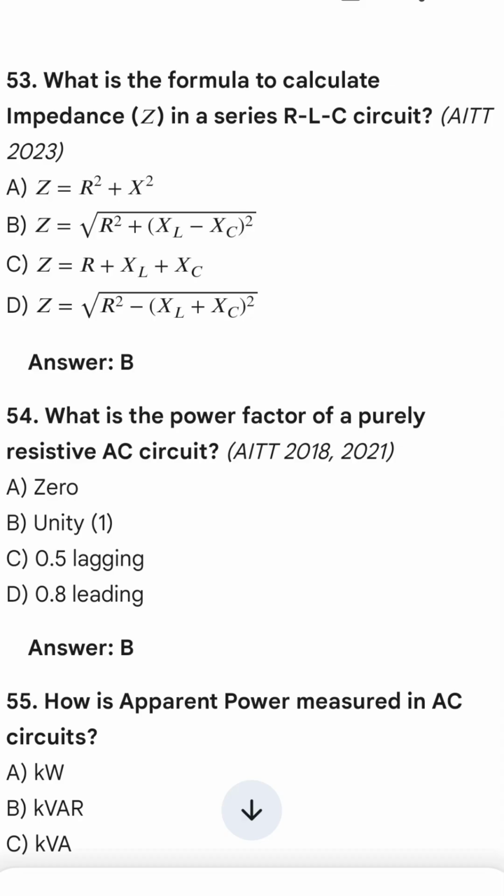Option C, Z is equal to R plus XL plus XC. Option D, Z is equal to under root R square minus bracket XL plus XC a whole square. Option B, Z is equal to under root R square plus bracket XL minus XC a whole square, is correct.